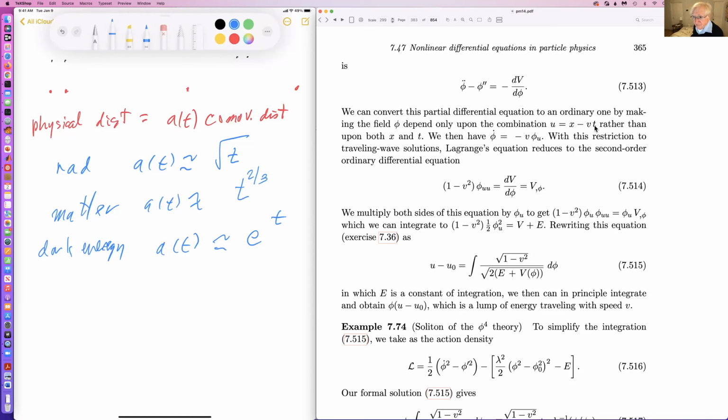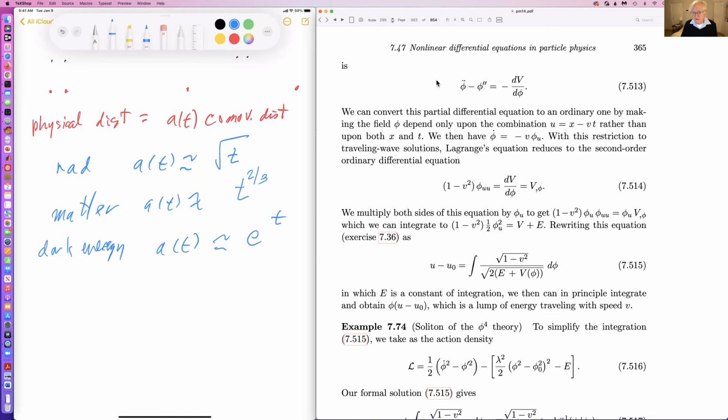And if you do that, then what you get is a much simpler equation. First of all, the time derivative is related to the derivative with respect to this composite variable, and similarly, the space derivative is just the ordinary derivative with respect to u.